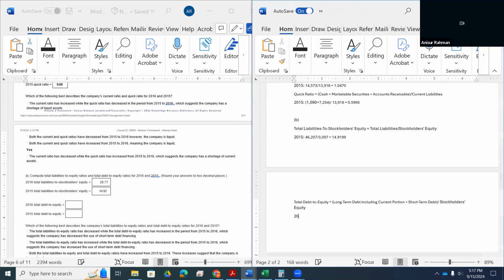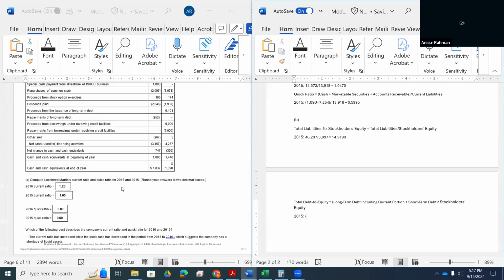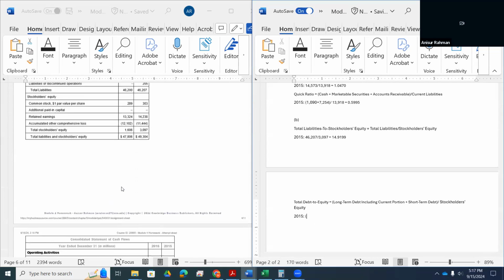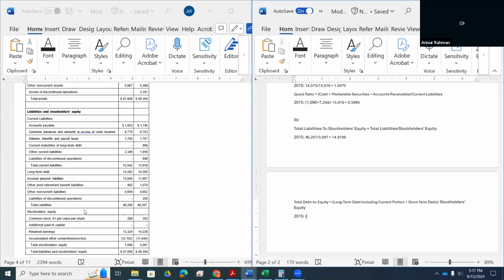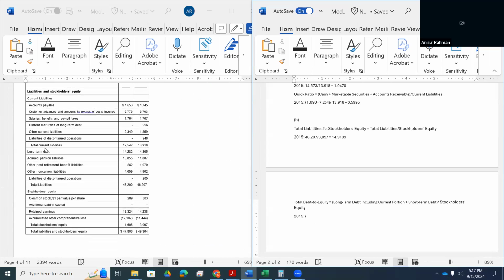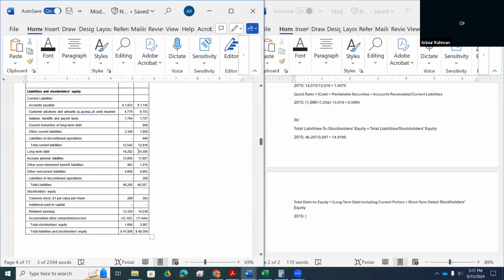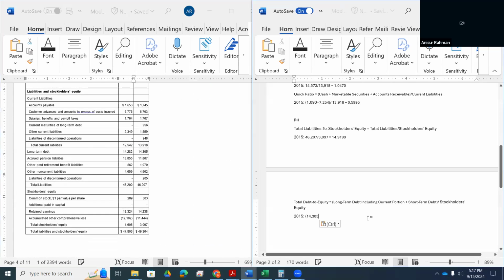So for 2015, our long-term debt, these are also balance sheet items. So we'll go to balance sheet. Our long-term debt, 14,305, including current portion of long-term debt.